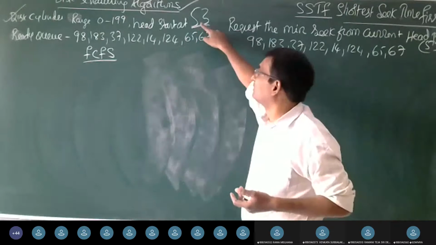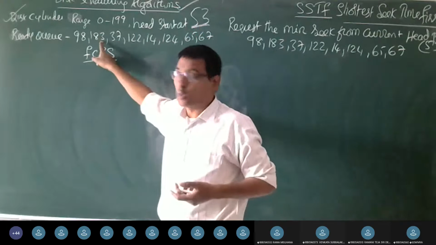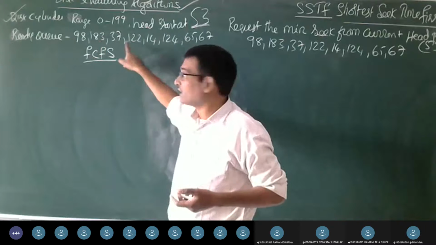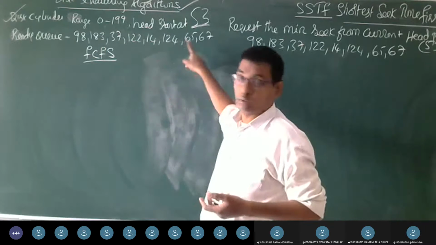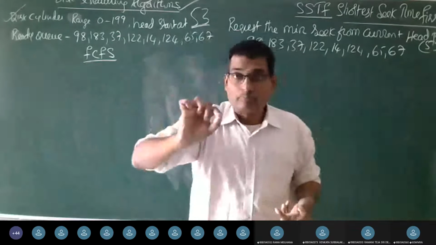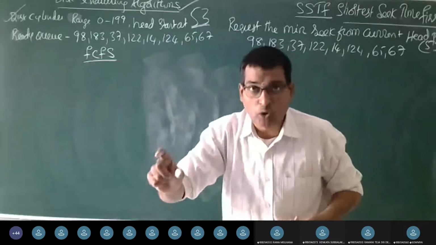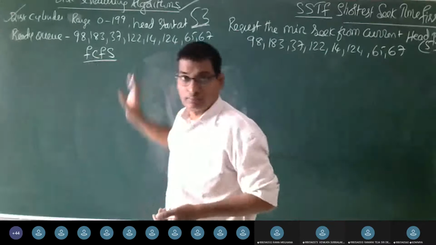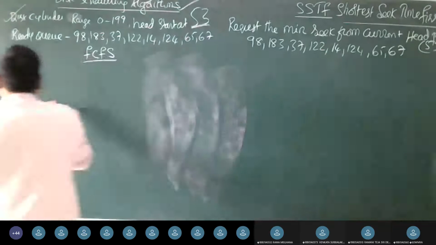The arm is presently at 53, then it has to move to 98, then 183, then 37, 122, 14, 124, 65, and 67. So the arm moves from one location to another in a policy called first come, first serve. How it is moving is the primary agenda here.